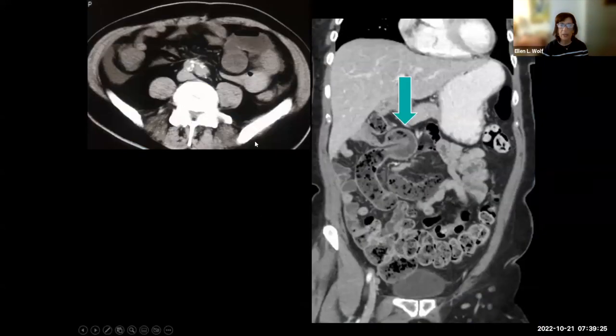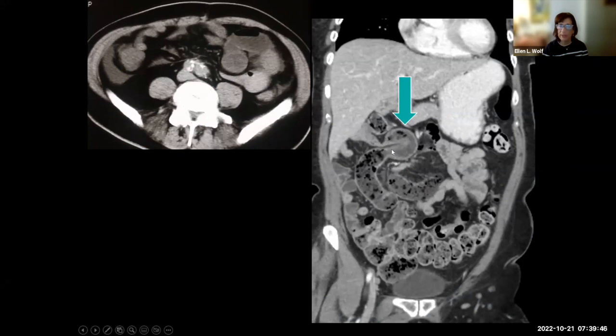This patient looked like they had small bowel obstruction based on this beak. This is a beak sign of small bowel obstruction, dilated loops, transition to decompressed loops at the level of the beak. However, when we looked at this coronal plane, we can see this was actually a closed loop obstruction. There was an adhesion right here.